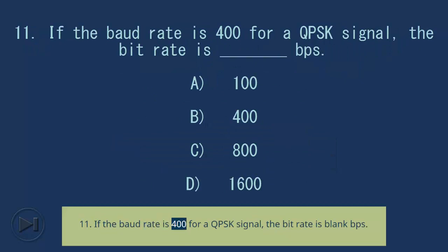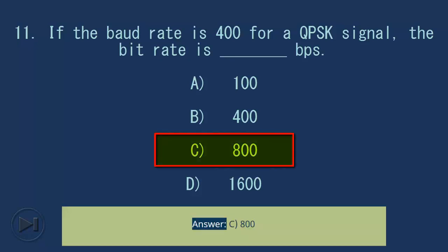If the baud rate is 400 for a QPSK signal, the bit rate is blank bps. A. 100. B. 400. C. 800. D. 1600. Answer, C. 800.